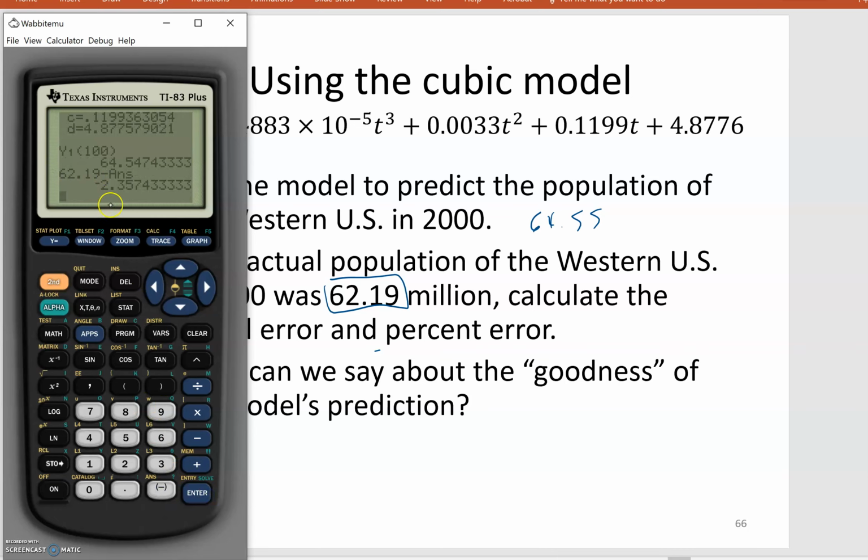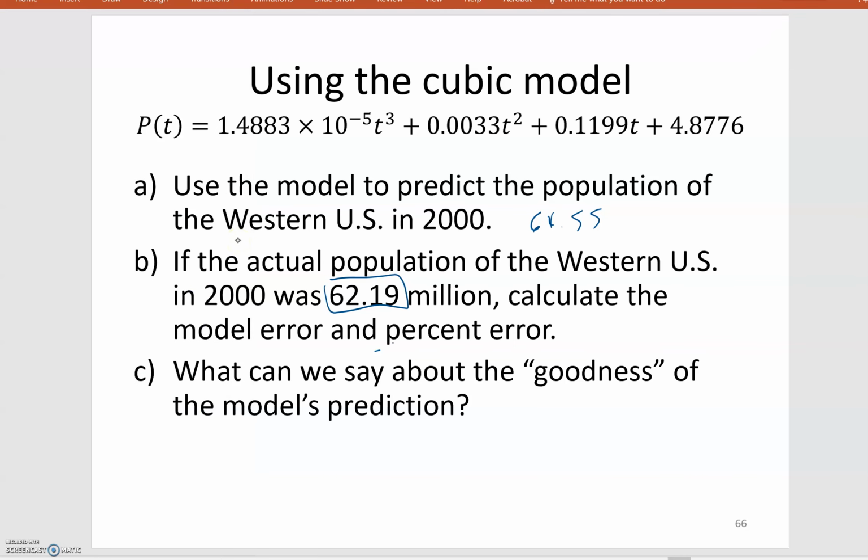That's our model error, negative 2.35, and then divided by 62.19 times 100, and there's our percent error, 3.79%. So that's relatively small, not bad.